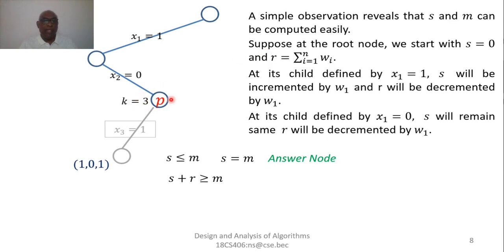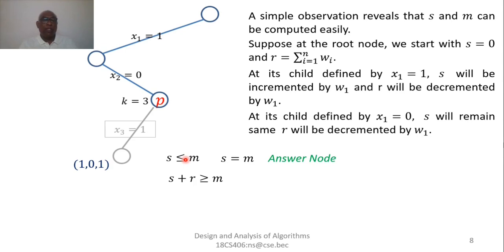At any level k, if you have the values of S and R, at its child defined by xk equal to 0, S will remain the same, but R will be decremented by wk. So this is a beautiful observation and it helps us in easily calculating the values of S and R at the children, knowing the values of S and R at the parent. That's the reason why we have adopted the simplified notation S and R, and we also have expressed the bounding function in terms of S and R.